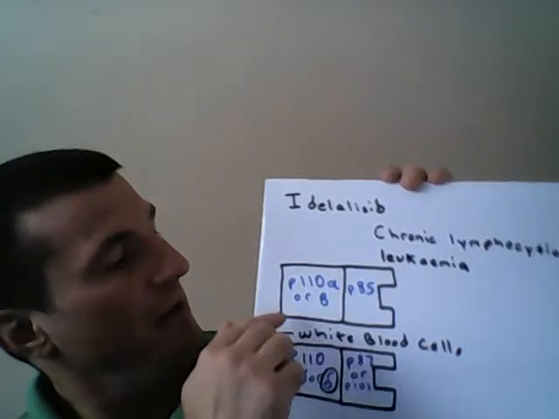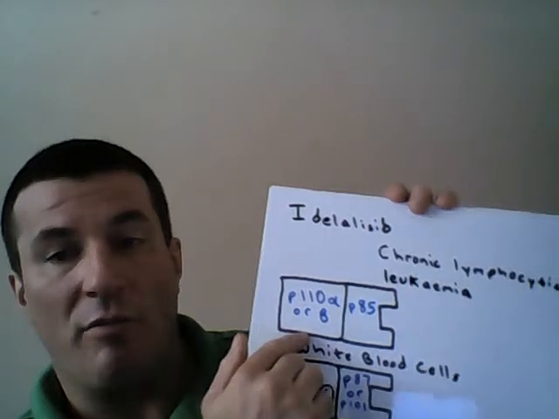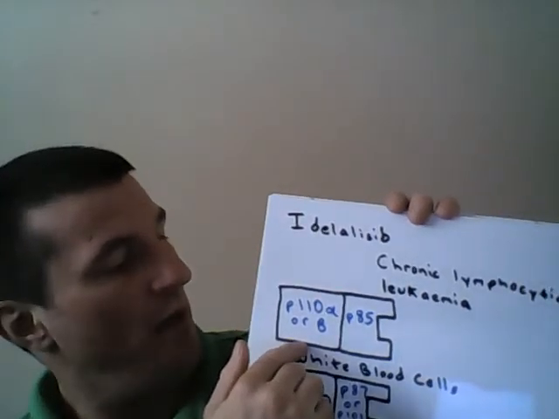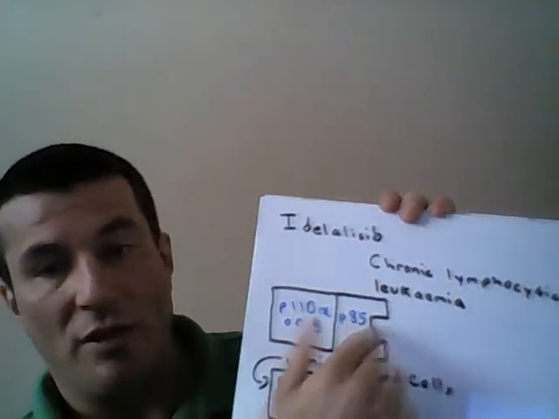Right here, you'll see Idelalisib, and right down here, this is the catalytic portion of the PI3-AKT-mTOR pathway, and right over here is the regulatory portion. The regulatory portion inhibits it a little bit, or blocks its action a little bit.